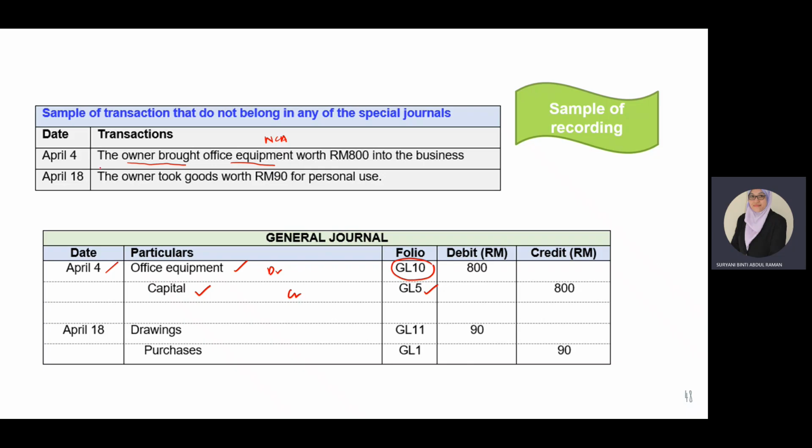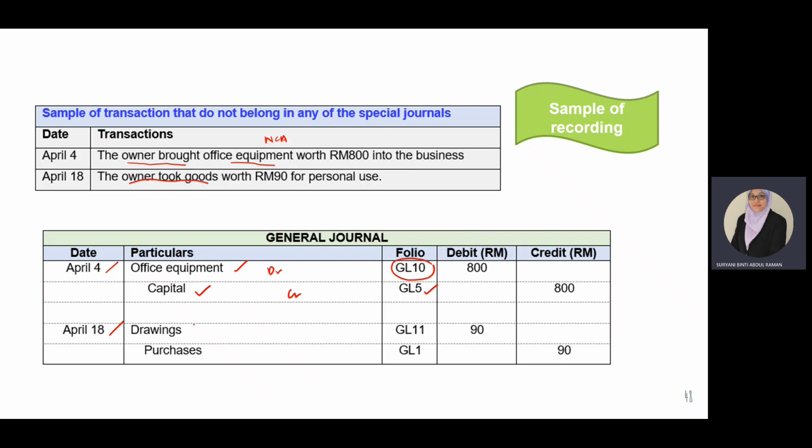Okay, continue on April 18. The owner took goods for personal use. So the drawing of goods is another example of a transaction that cannot be recorded in the specialized journal because first, it doesn't involve any cash flows to be recorded in the receipt or payment journal, and there is no purchase or sales or return of goods by credit.